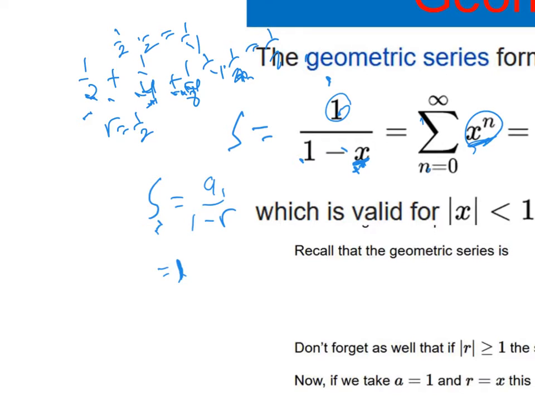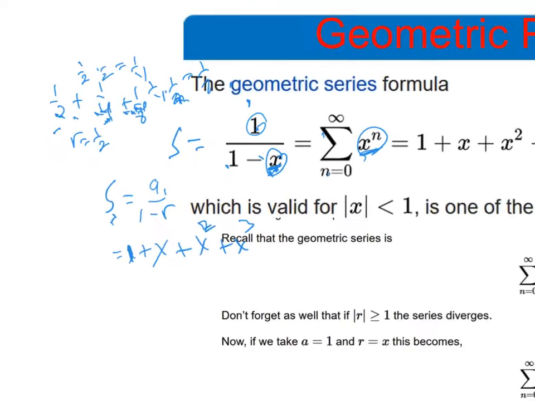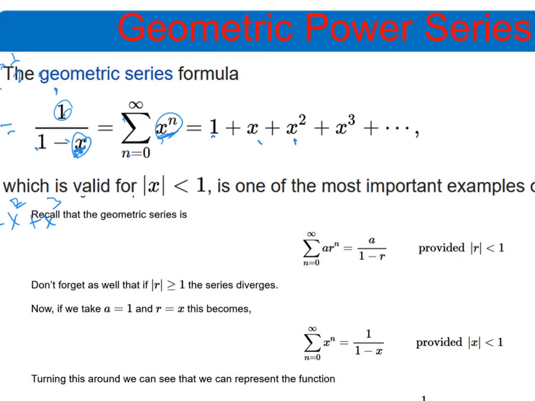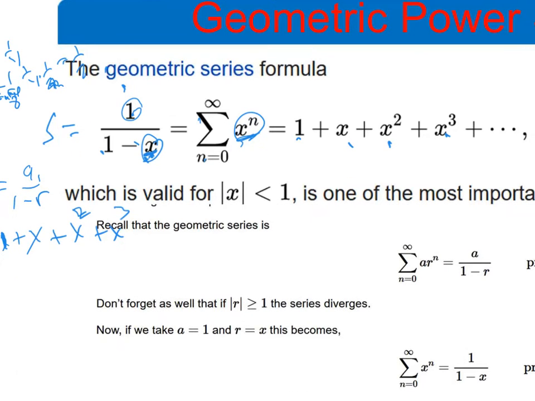Anyway, so if r is x in this problem, then 1 plus, multiply 1 times x, that gives you x. Plus, take x times an x, that gives you x squared. Take x squared times x gives you x cubed. So what you see here is 1 plus x plus x squared forever. How do I get this piece here is the question.